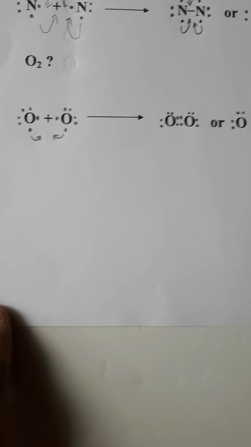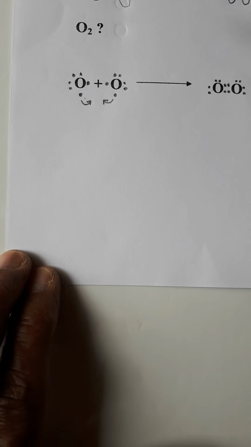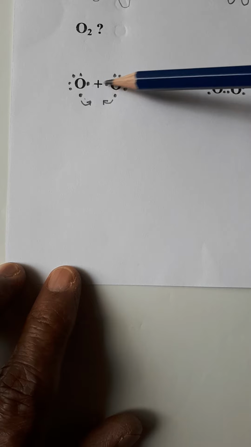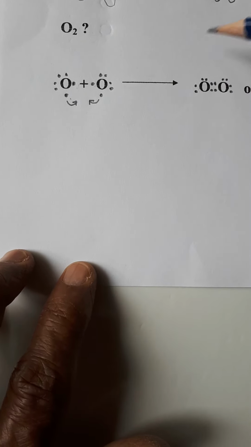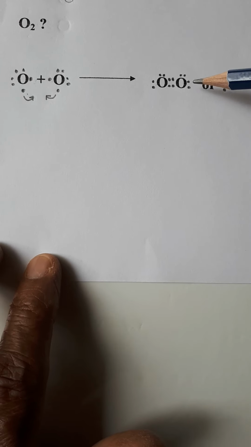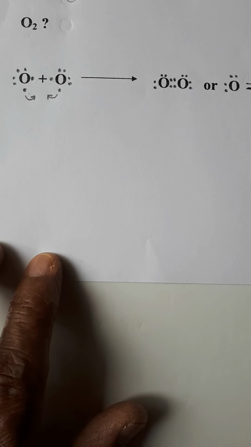Now let's see finally the oxygen molecule. 1, 2, 3, 4, 5, 6. These two will join together, share together to make our O2 molecule. But again, the number of electrons will not be complete like in nitrogen.